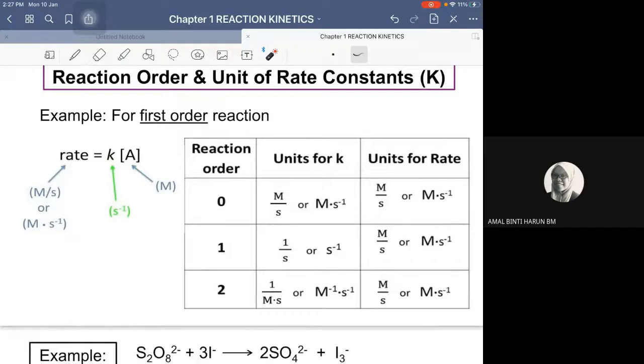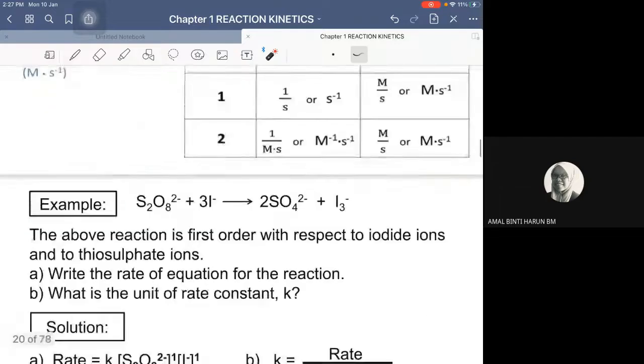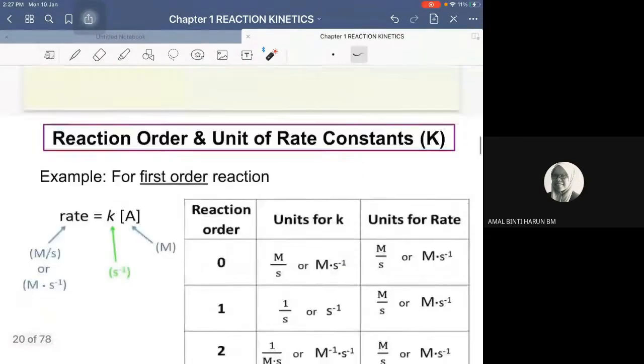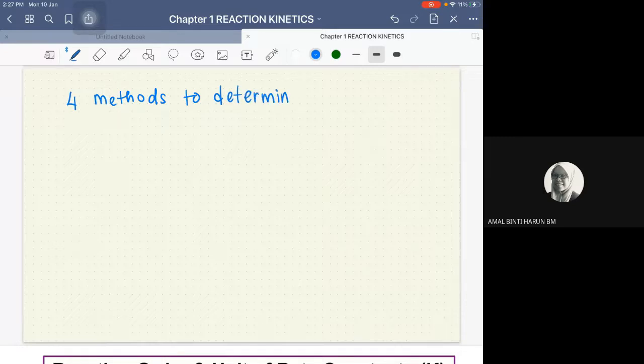Right. Sekarang macam mana kita nak tentukan order? Ada 4 cara menentukan order. 4 methods to determine order. Okay. So ni paling penting sekali. Apa method tu?